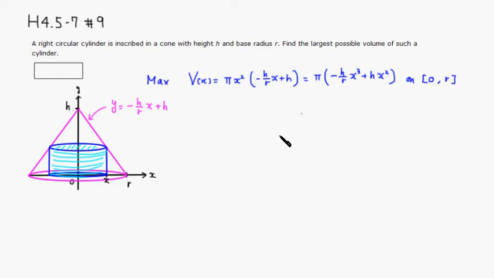All right, so let's take the derivative. V prime of x is equal to, pi is just a constant multiple, so leave it there.